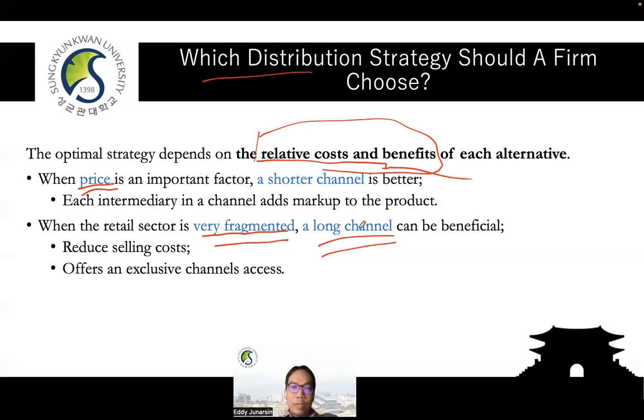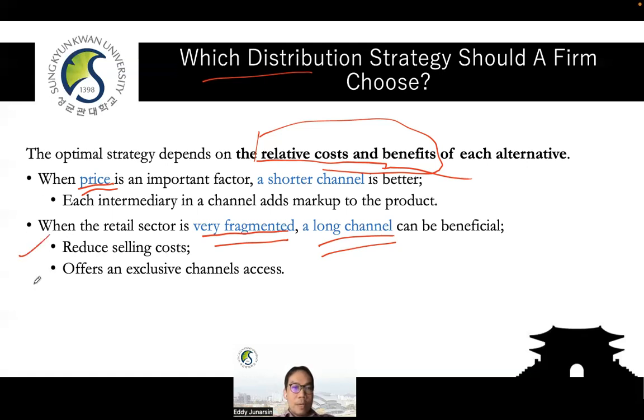We might need the longer channel because we have so many retailers playing in the industry. So we could diversify. If one of the channels doesn't work or suddenly doesn't support our company anymore, we still have a lot of alternatives to be the way out, to save the reputation and also save the quality of the marketing effort.